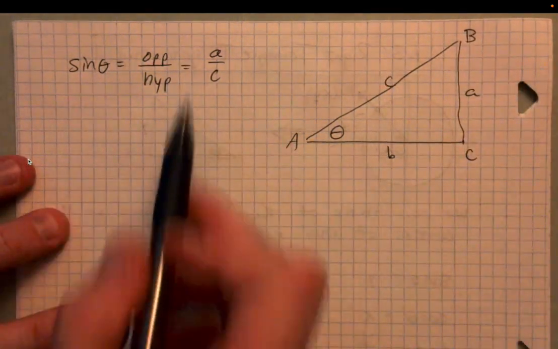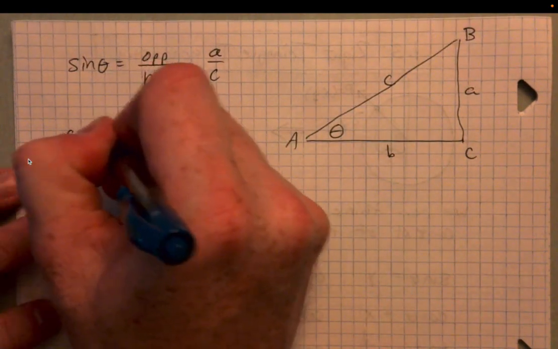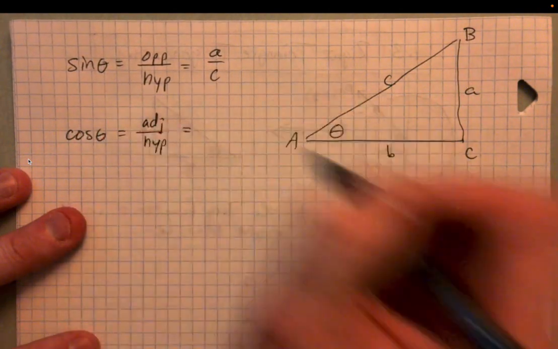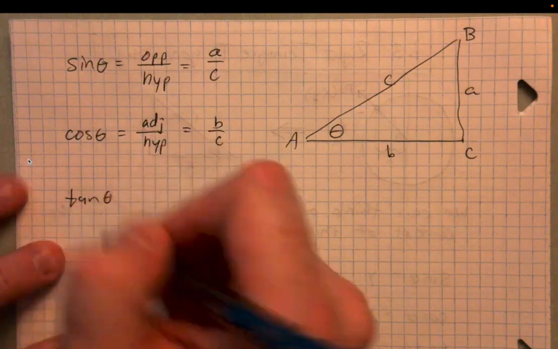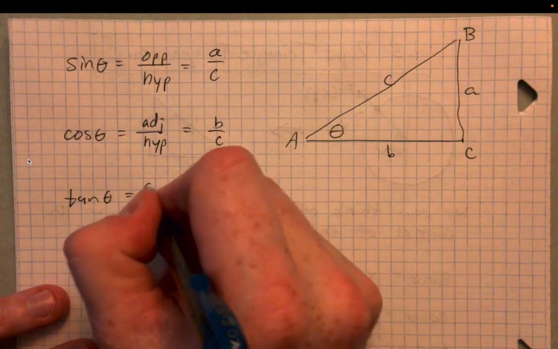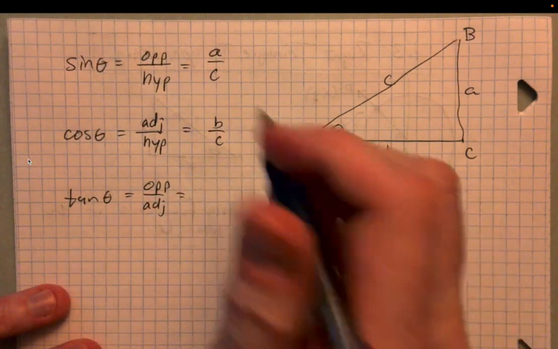Okay, so sine of theta is opposite over hypotenuse, and so it's a over c. Cosine of theta is adjacent over hypotenuse, so it's b over c. The tangent of theta is opposite over adjacent, right? So it's a over b.